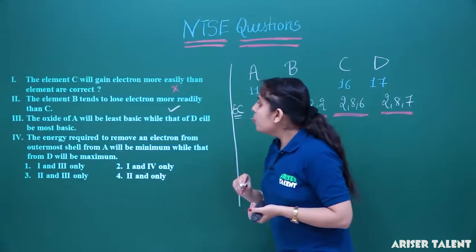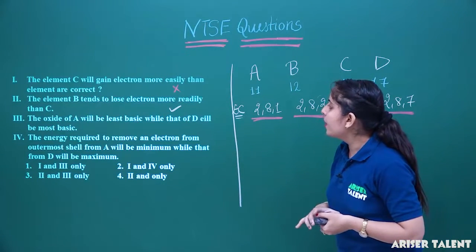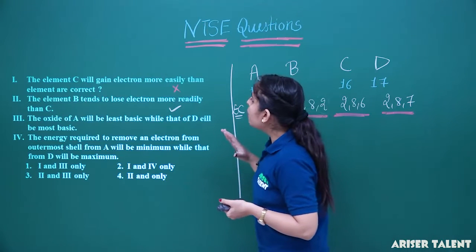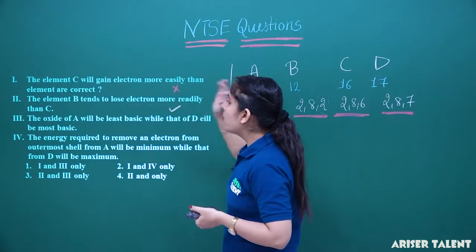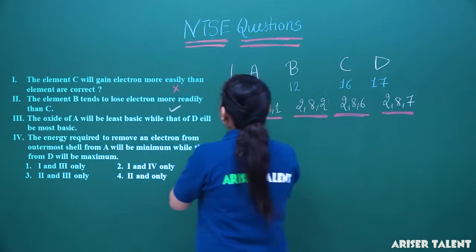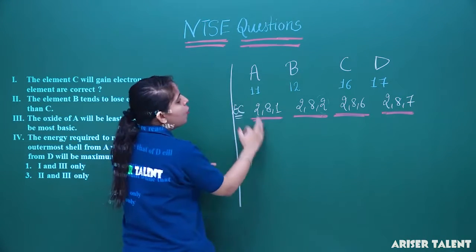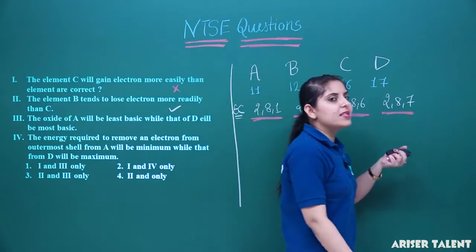Now move to the third option we have been provided with. Oxide of A will be least basic while that of D will be more basic. It means A का oxide least basic होगा और D का oxide more basic होगा.